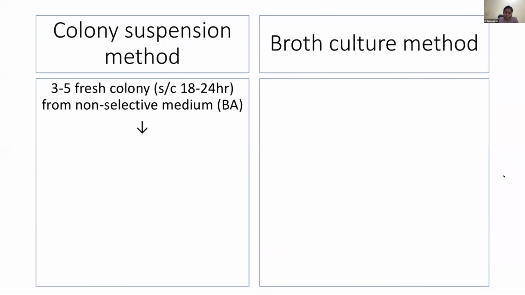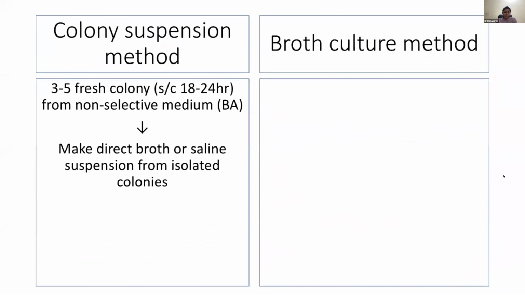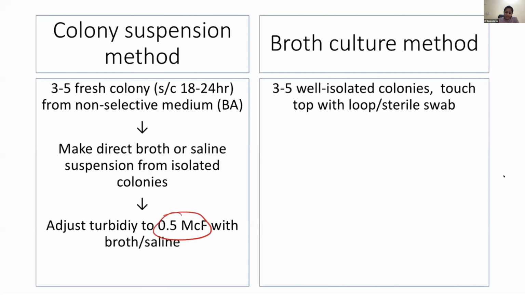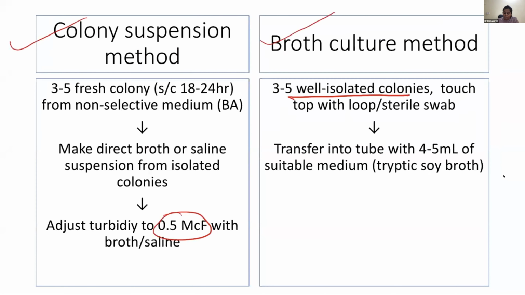So how do we go about the colony suspension method? Three to five morphologically similar colonies with 18 to 24 hours of incubation, not older, from a non-selective medium are taken. Make a direct broth or saline suspension from the isolated colony and adjust it to 0.5 McFarland with broth or saline. Okay, this is how we do the colony suspension method. In the broth culture method, again morphologically similar colonies are taken and inoculated into a suitable medium.